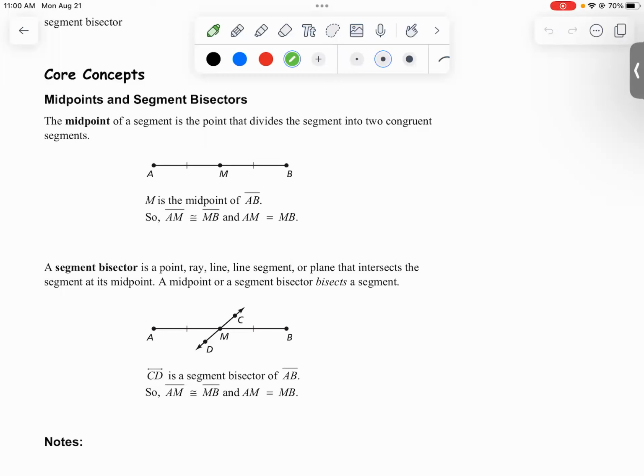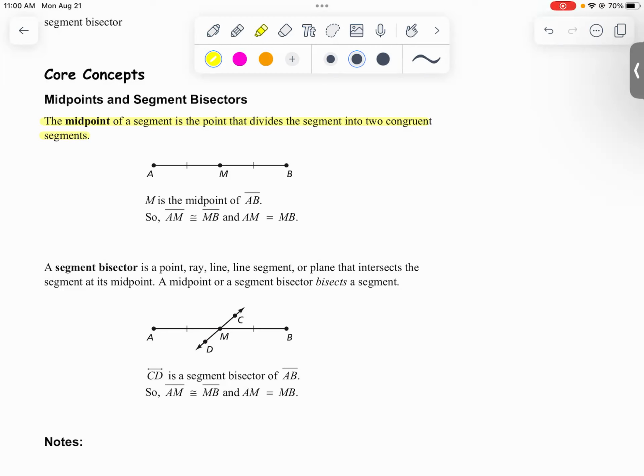So a couple very important vocabulary words we're going to talk about today. The first one is the midpoint. A midpoint is going to take a segment and divide that segment into two congruent pieces.